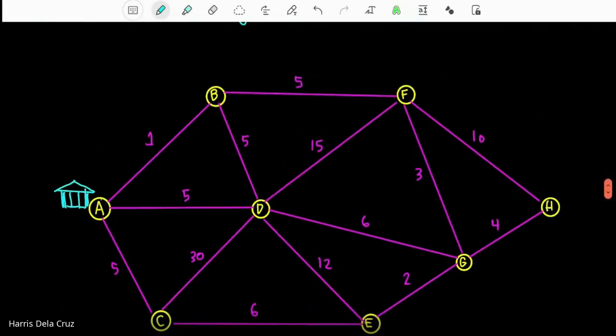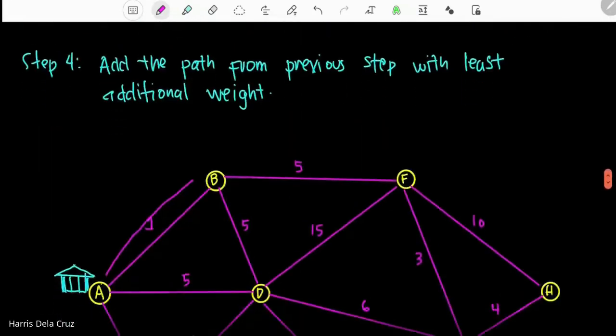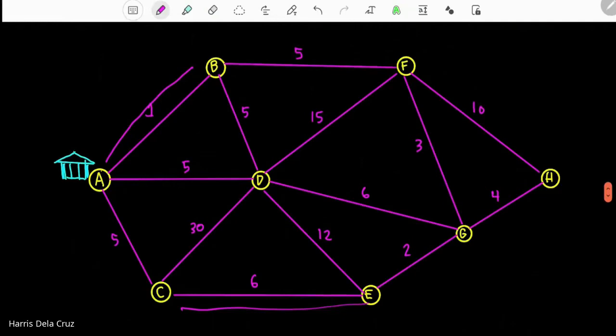So you can now add path AB and CE, these two. So if we now count the number of edges or the degrees of each vertex, this now has 4, this has 4, this has 4, and this has 4. So all of them have an even degree. So this time the graph is Eulerian.